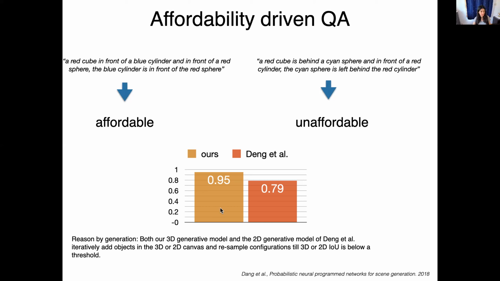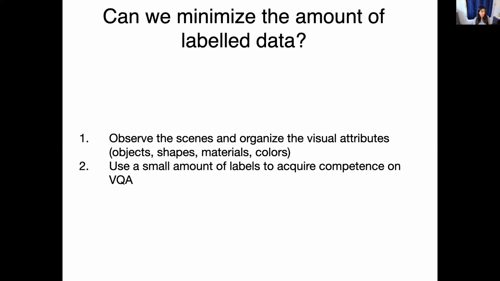While in 3D it is much, much easier. And in 3D also, you can generalize to dramatically different things than you've seen at training time, right? Because the laws of space generalize, that come for free when you reason in 3D space. Okay, so this is about affordability, VQA.